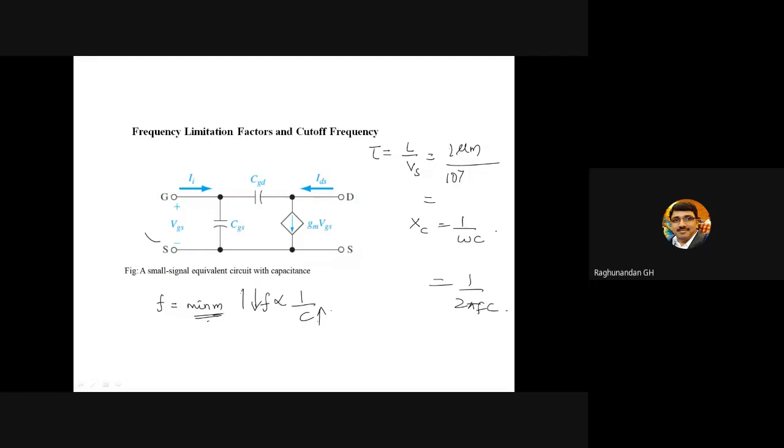At the same time, when the frequency is higher, the capacitance will be minimum, so the behavior of the capacitance will be different. The capacitor and the frequency are interrelated, and it plays an important role. That's why in some cases we ignore these capacitors, and in some cases we consider them. That depends upon what kind of signal and what kind of frequency you provide, whether it is a small signal or large signal.